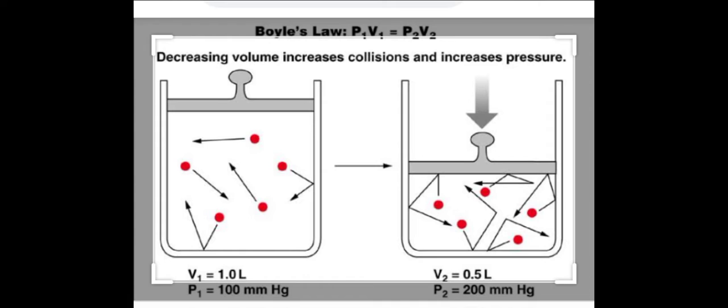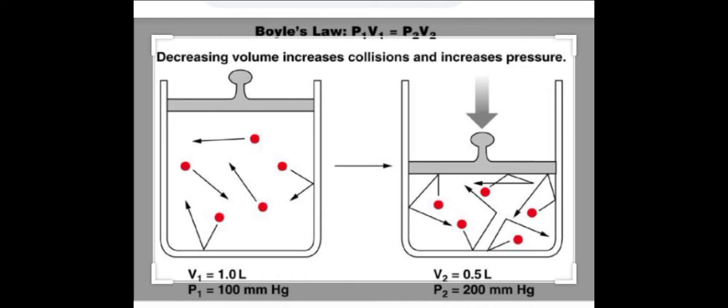When a container has pressure P1, that is 1 gray bar, and when it is increased, then the volume will be low. P1 pressure is 100 millimeter mercury, but P2 is 200 millimeter mercury.